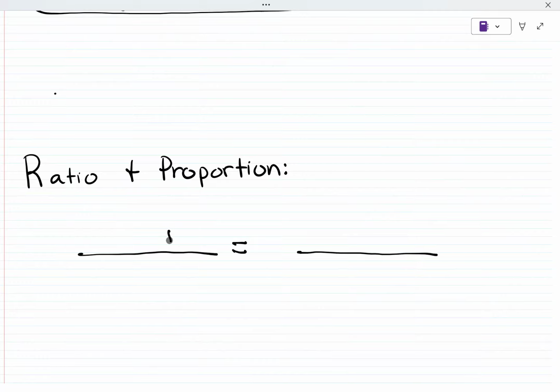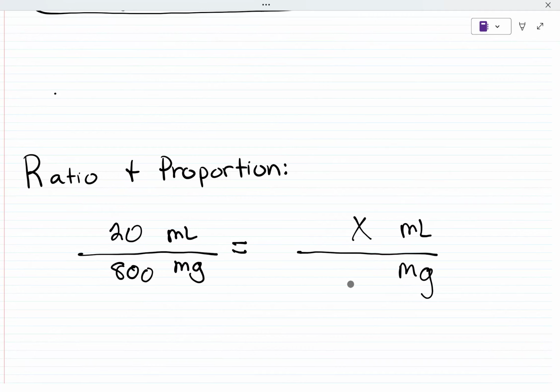You could put milliliters on the top and milligrams on the bottom, or milligrams on the top and milliliters on the bottom. It doesn't matter as long as it is the same on both sides. So for 800 milligrams there were 20 milliliters, and we want to know how many milliliters for 200 milligrams.